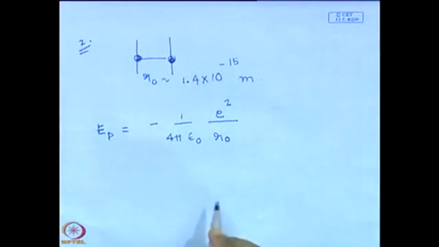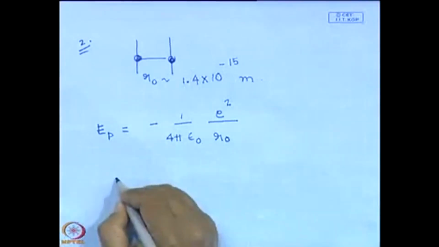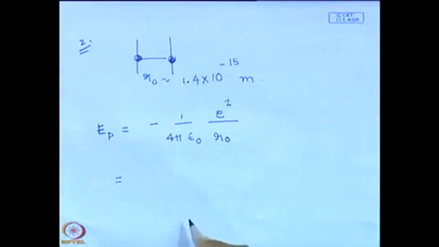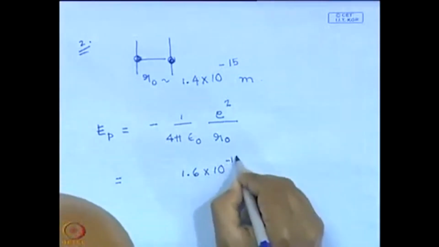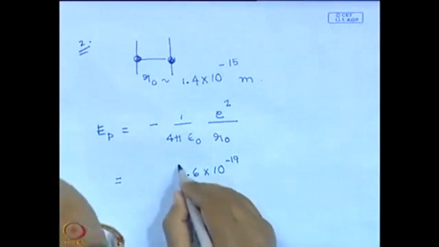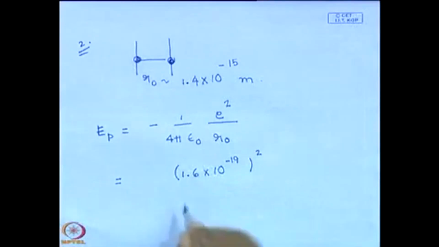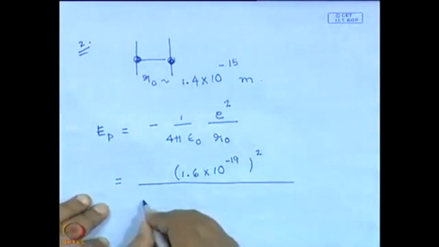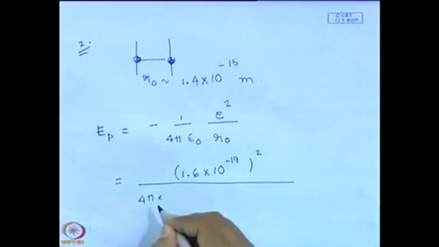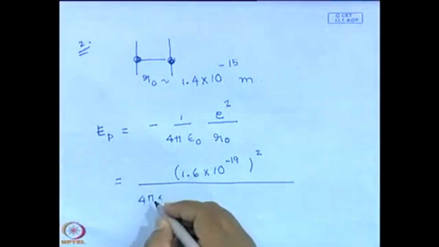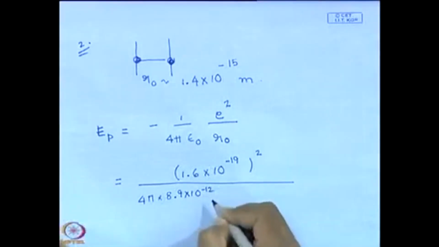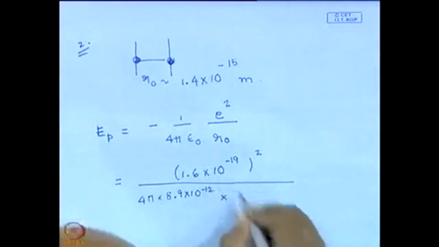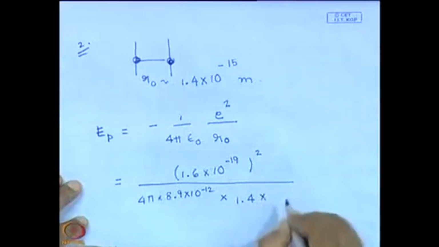Here again let us put in the values. We have 1.6 into 10 to the power minus 19, that is the charge of the proton, square, in SI units, so that will be in coulombs, divided by 4 pi into epsilon naught, which has a value 8.9 into 10 to the power minus 12, into the distance, which is 1.4 into 10 to the power minus 15, all in SI units.